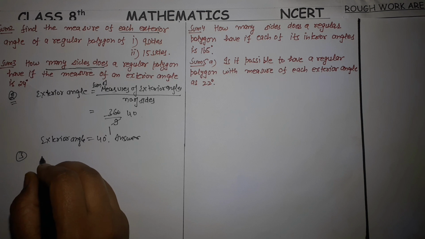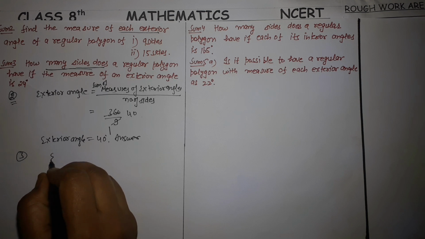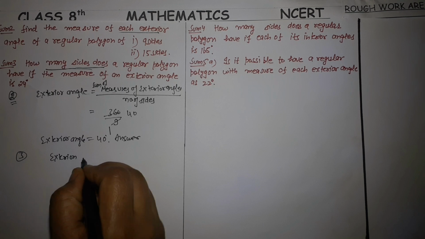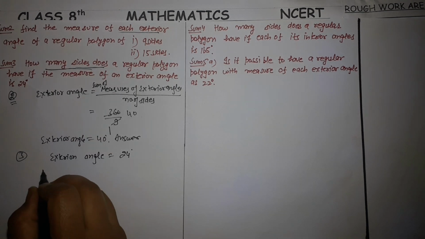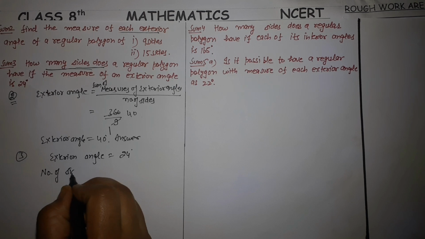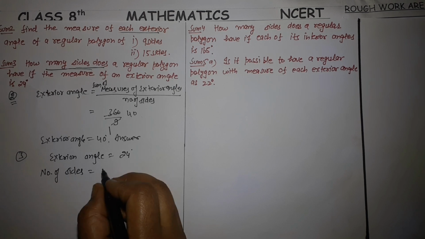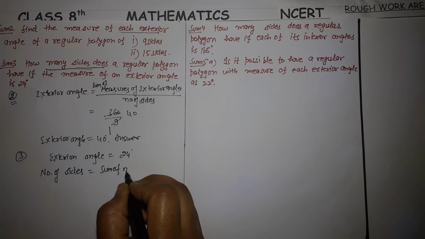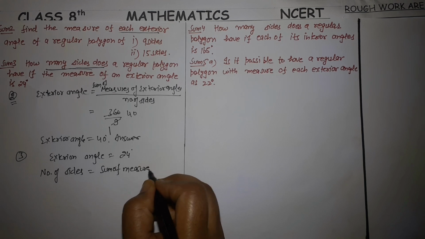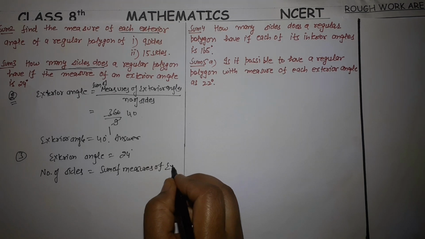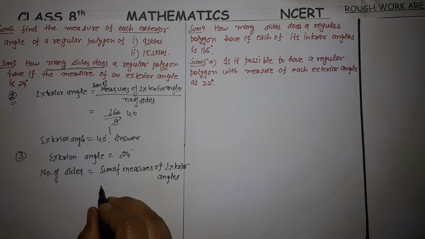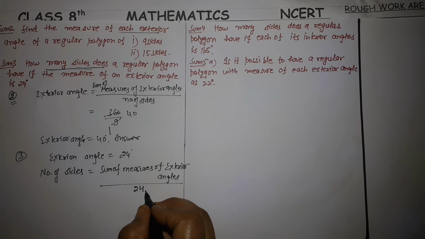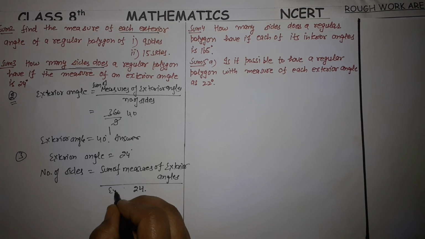The formula we will use: exterior angle equals 24 degree, number of sides equals sum of measures of exterior angles divided by exterior angle.